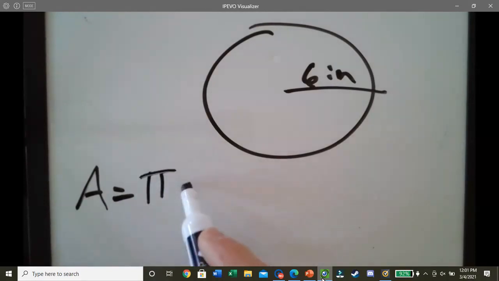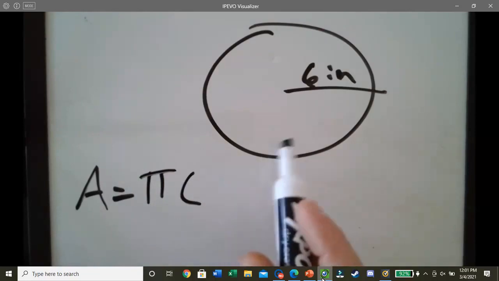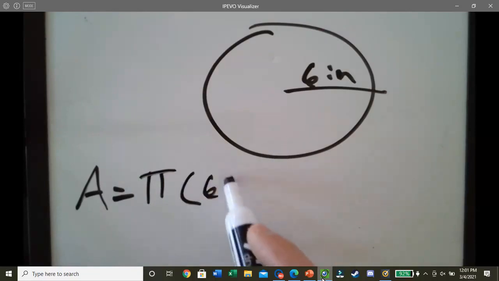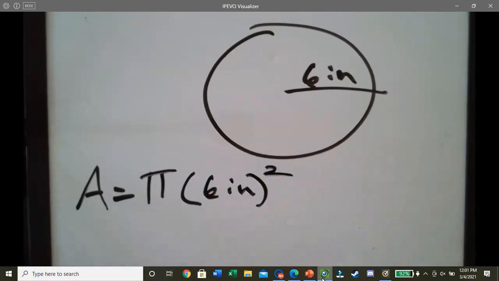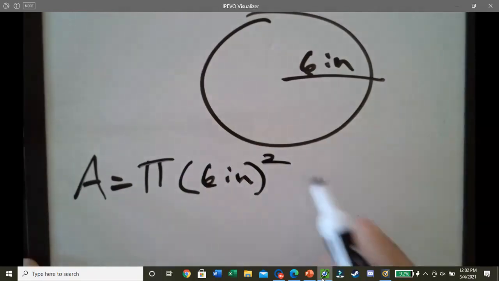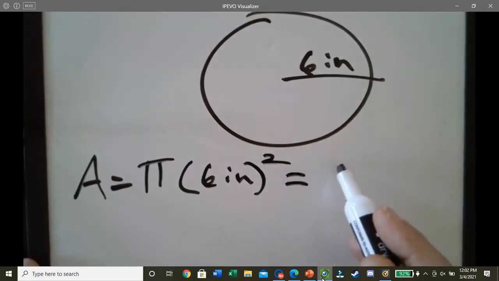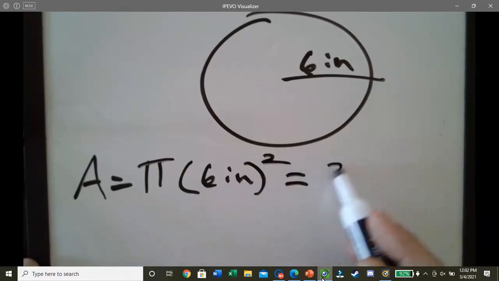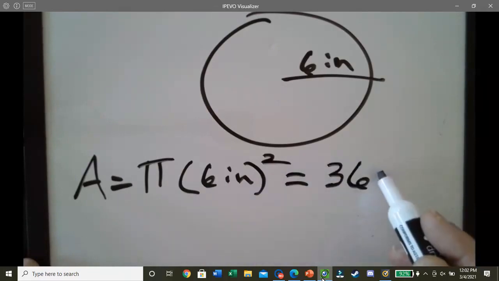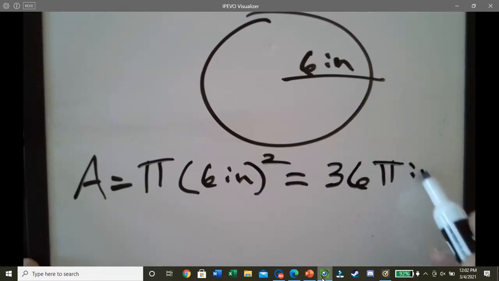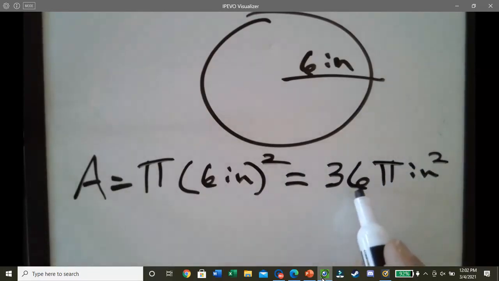Pi, right, times the radius, which is what? 6. And we put the units in there too, squared, right? And so that would be, in terms of pi, that would be 36 pi inches squared.